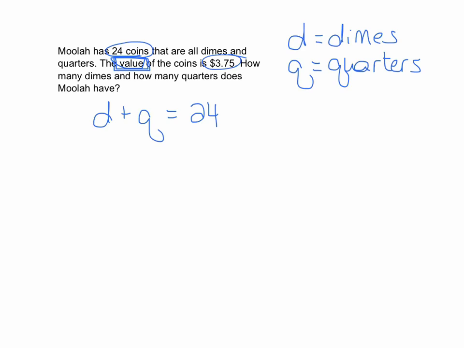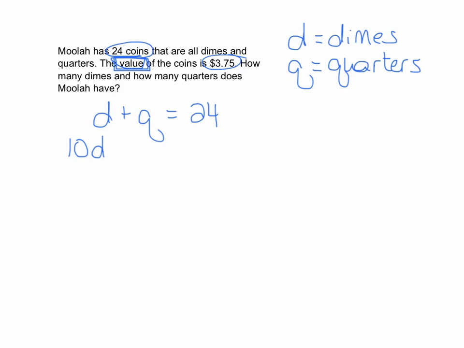Now, watch carefully. What is a dime worth? 10 cents. So if I want to know how much money in dimes he has, I'm going to multiply the number of dimes by 10 cents, right? Now, typically that would mean a decimal. I'm going to ignore the decimal, and I'm just going to write 10D. And the reason I do that is because each dime is worth 10 cents. Now, how much is a quarter worth?